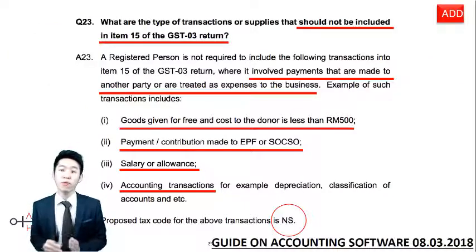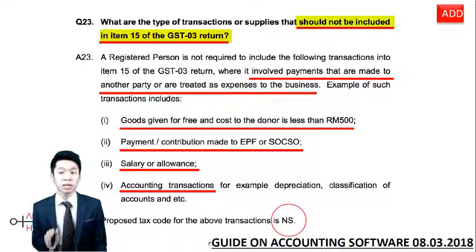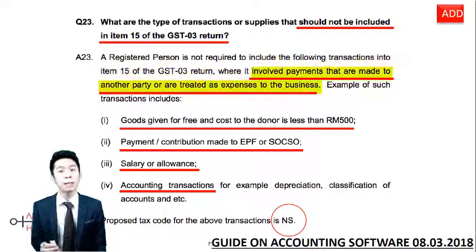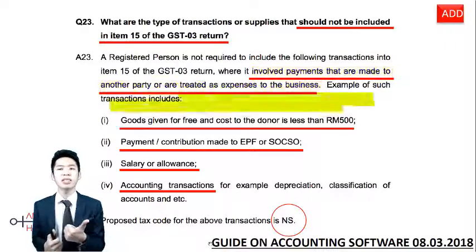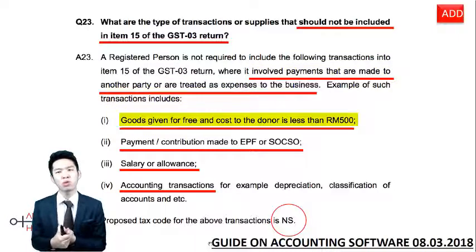Now, we have FAQ 23 of the March 8, 2018 guide. They say these are things you should not include in item 15, especially involving payments made to another party or treated as expenses. For example, the first one: goods given free where the cost to the donor is less than 500.